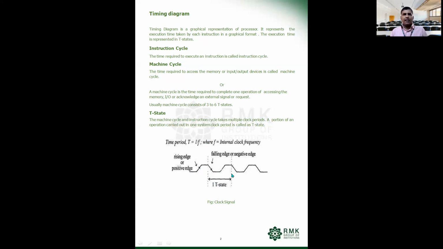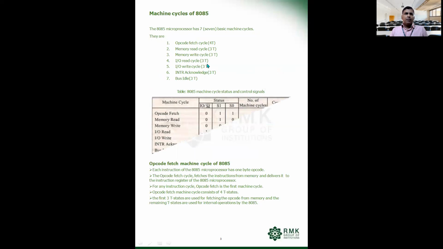Now let us understand the various machine cycle operations performed with respect to the 8085 processor. The 8085 has 7 basic machine cycles. They are opcode fetch, memory read cycle, memory write cycle, IO read cycle, IO write cycle, INTR acknowledge, and bus idle cycle. Opcode fetch is basically fetching the operation code from the memory, and it takes about 4 T states.